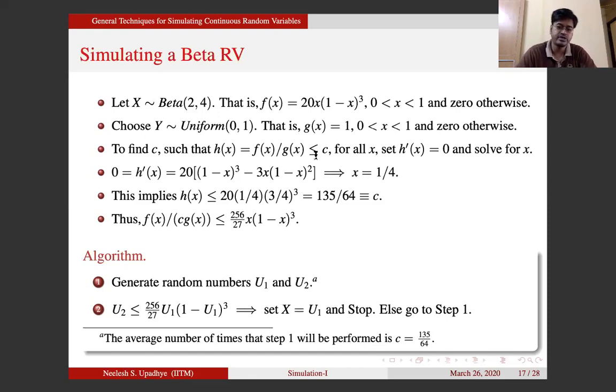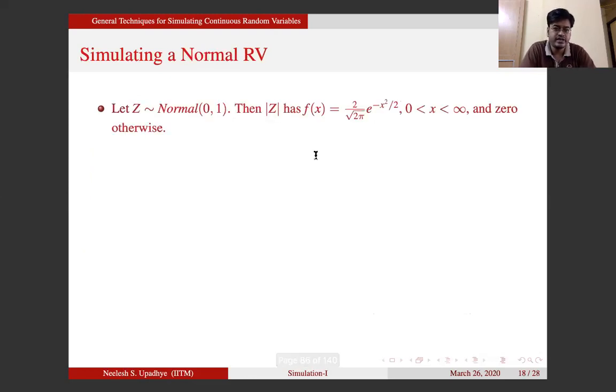Now we will give one more example of this method. As this method is very popular, we will try to simulate a normal random variable using it. Some tricky things are there. Suppose Z follows a normal distribution with mean 0 and variance 1. Then the modulus of Z will have a density function given by this. Why?